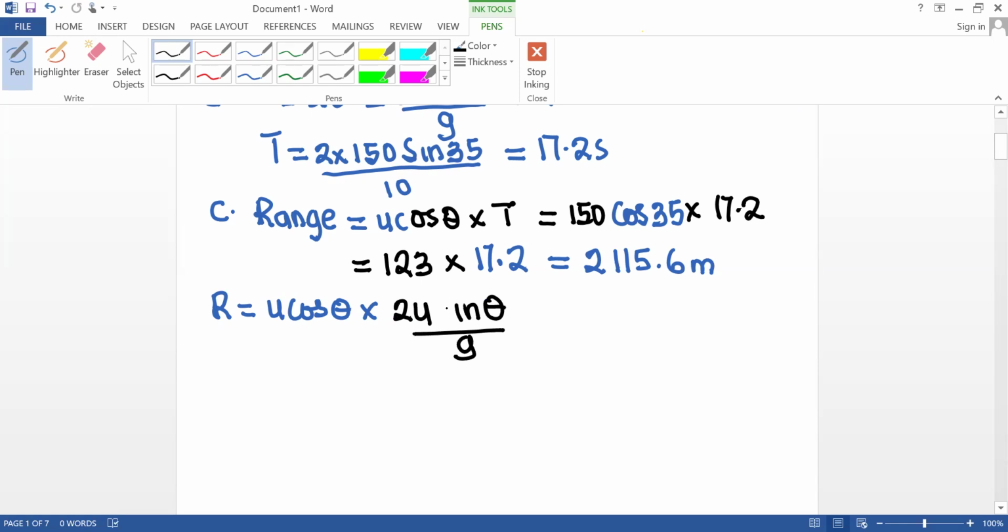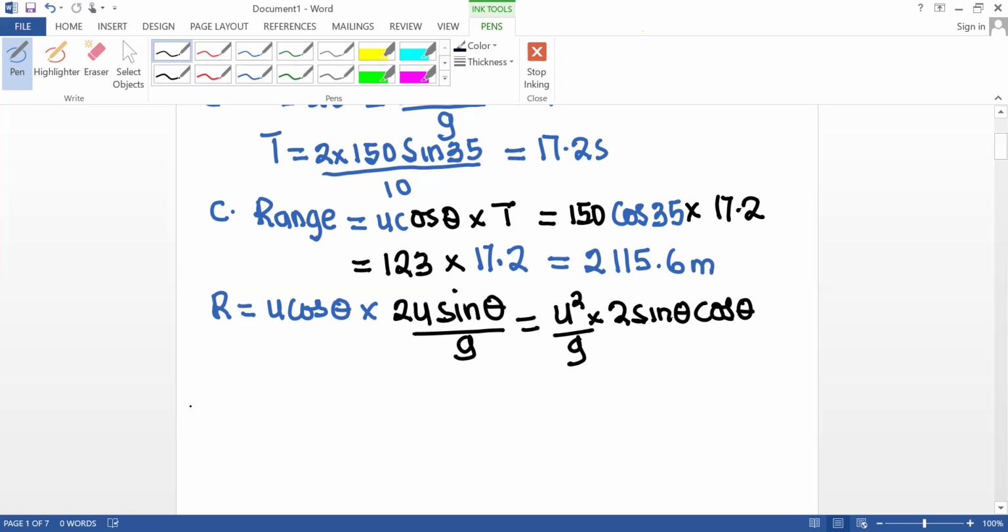Now we can also rearrange this equation to look like u squared times 2 sine theta cos theta all over g.